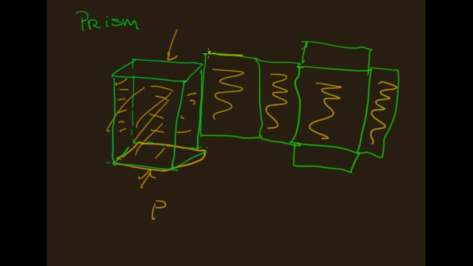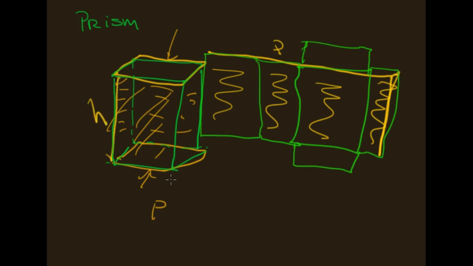So this distance here is the same as this, so that's the perimeter of the base. This distance is the same as this, which is the height of the prism. So that's a rectangle, right? It's P times H. So the lateral area of this thing is going to be its perimeter times its height.